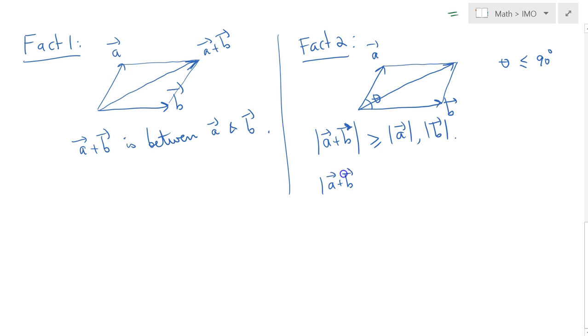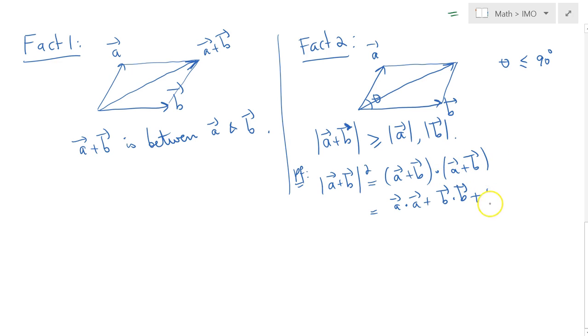If you look at the square of the expression on the left hand side, by the dot product definition, this is simply the dot product of these two vectors. Now when I expand it, that would be a dot a plus b dot b plus a dot b plus b dot a. Because it's a commutative operation, that's two copies of a dot b.